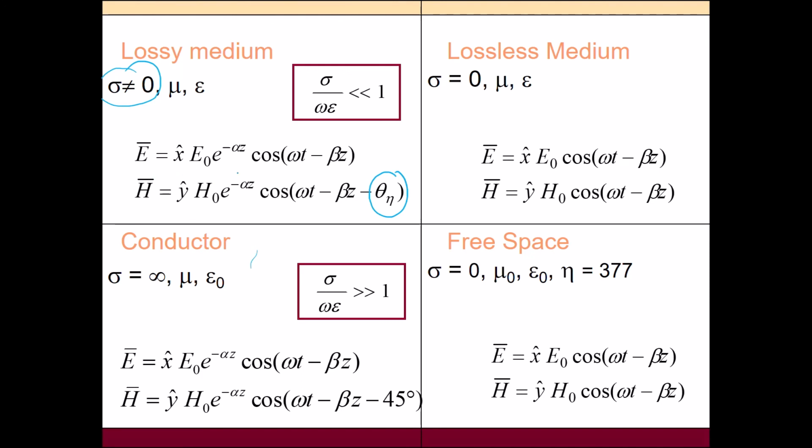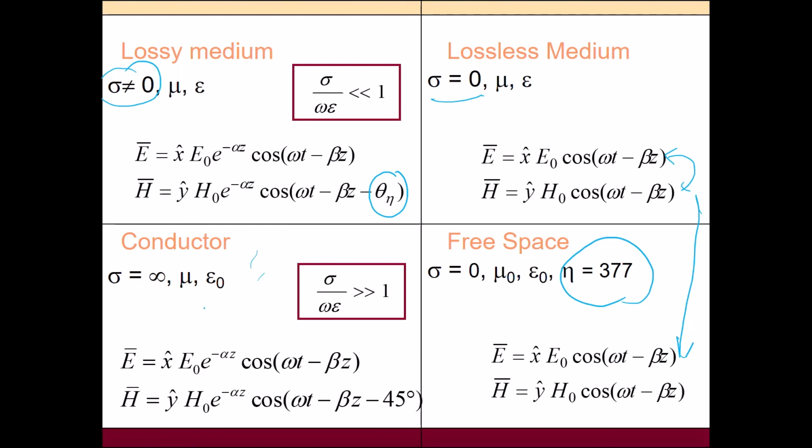E and H are always perpendicular. Then for the lossless medium, sigma is equal to 0, no loss, and we can see that E and H are in phase. For free space it is also the same, no phase difference, both in phase, except the difference is in the intrinsic impedance, which is 377 ohm.